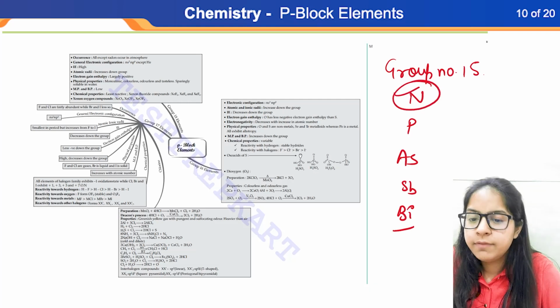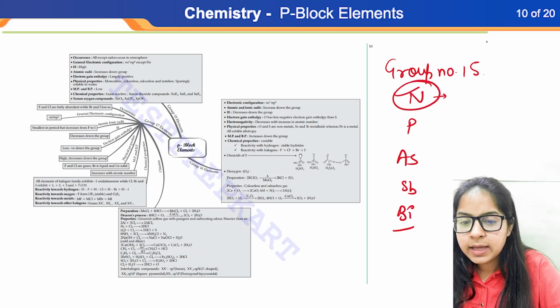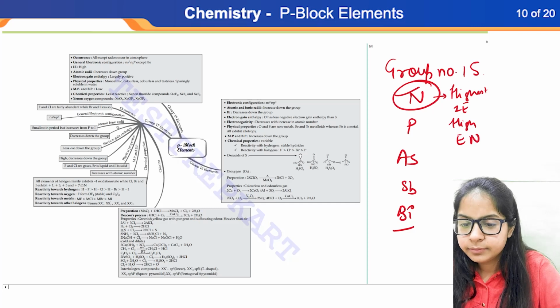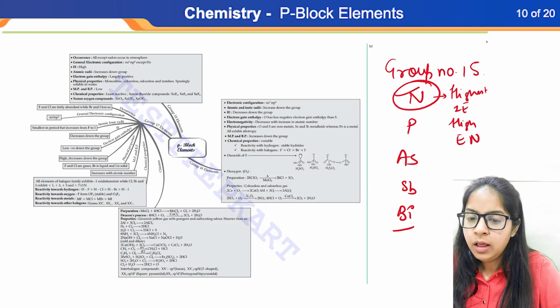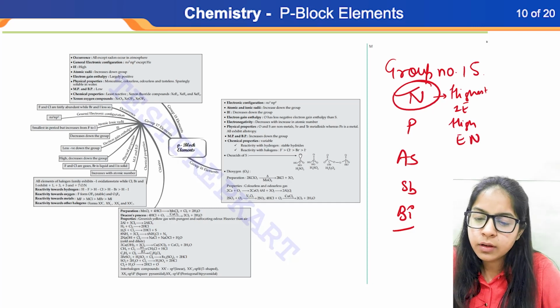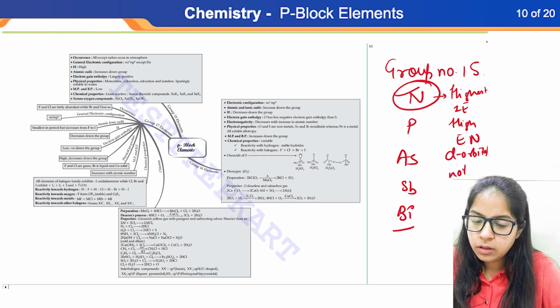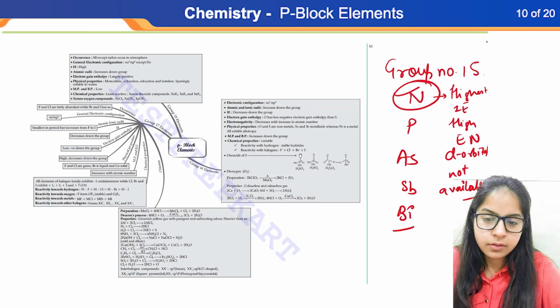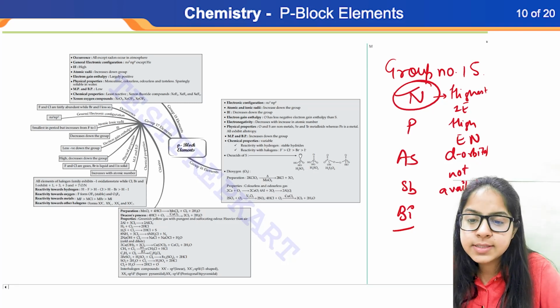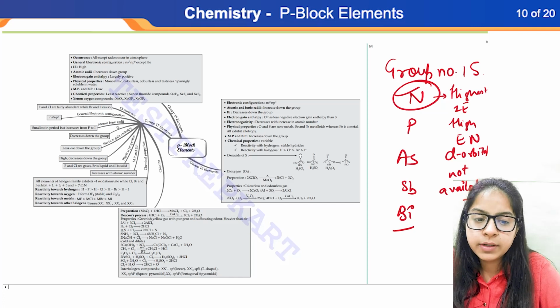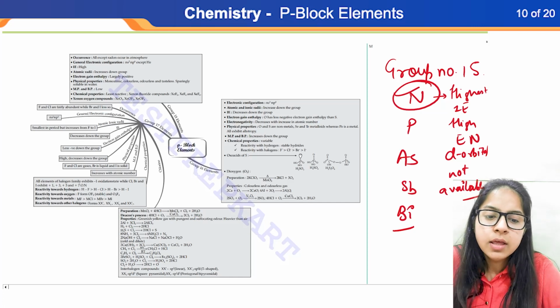Again, the anomalous behavior of nitrogen: it has the highest ionization energy and high electronegativity because of the small size. D orbital is not available. So these are some of the anomalous properties of the first element in each group.